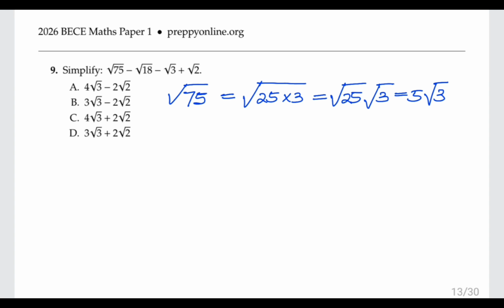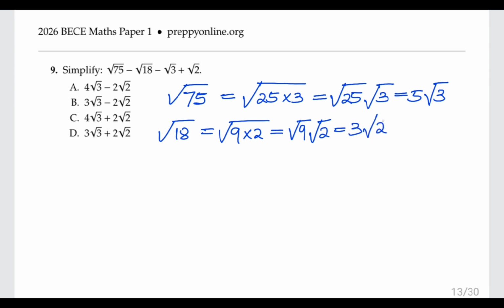So this is the type of thing we want to do. We can do a similar thing with the square root of 18. The square root of 18 can be written as this. 18 is equal to 9 times 2. So we can write square root of 9 times square root of 2. Square root of 9 is 3. So 3 root 2.